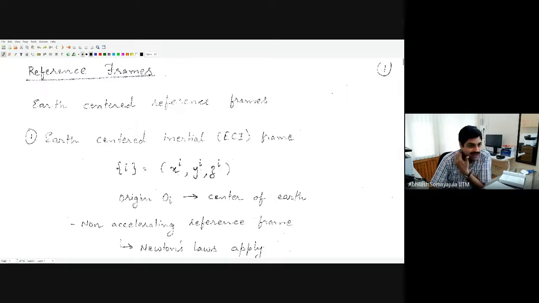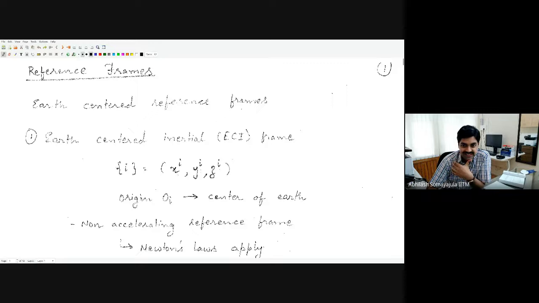Okay, so we will define a few reference frames today. First, we will define some frames which are Earth-centered reference frames, which means the origin point of these reference frames is located at the center of the Earth. Now you might wonder, why is this important? Why can't we use a flat Earth coordinate system?